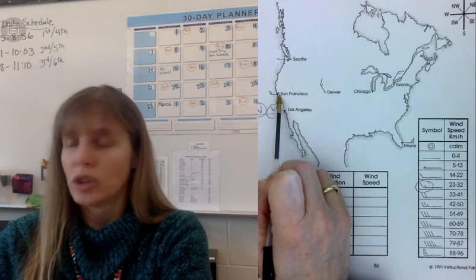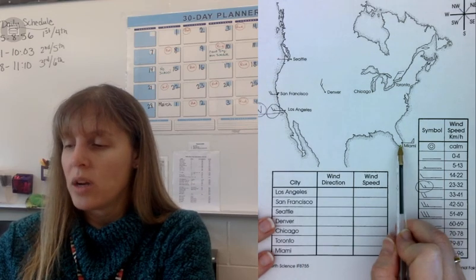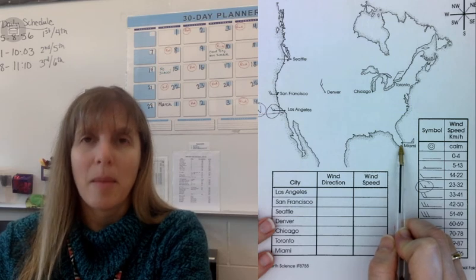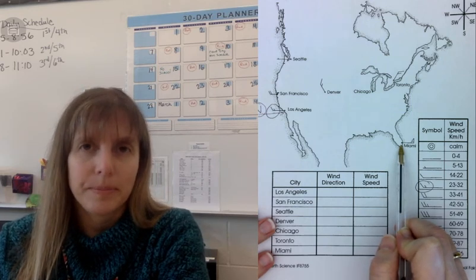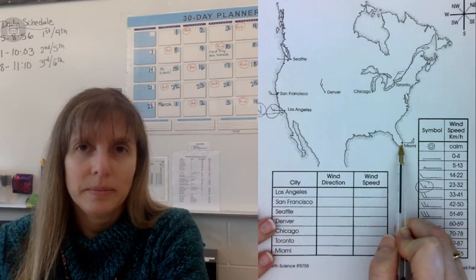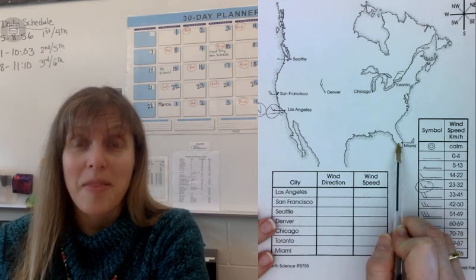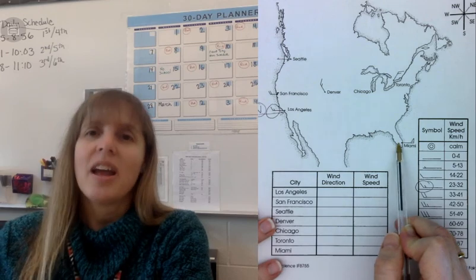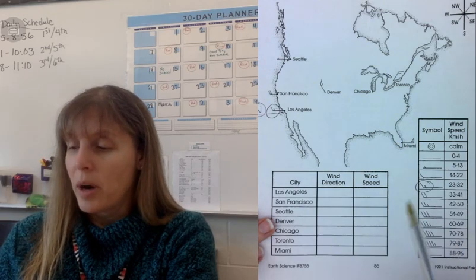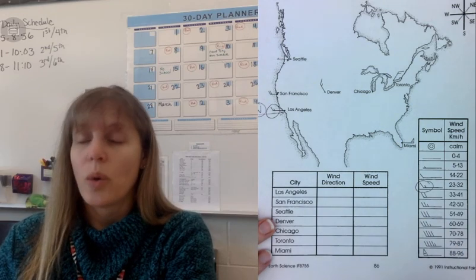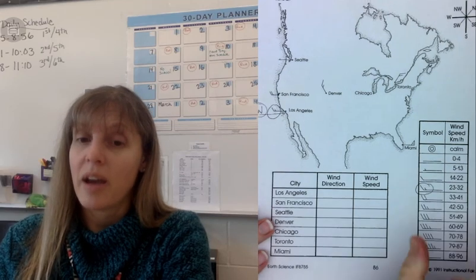All right, so let's try the wind direction for Miami. Raise your hand if you think you know it. It is an east wind. That's right, it's coming from the east. All right, so always remember that the wind direction is where the wind is coming from.